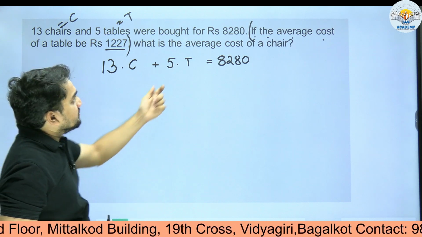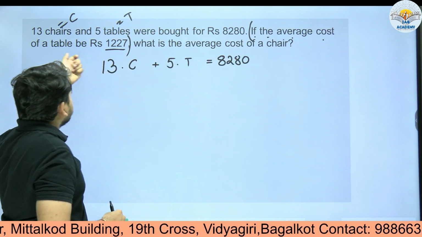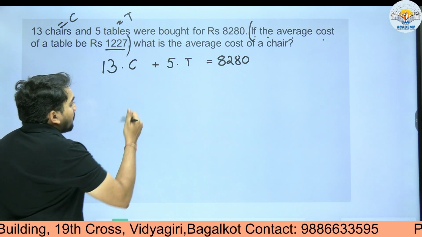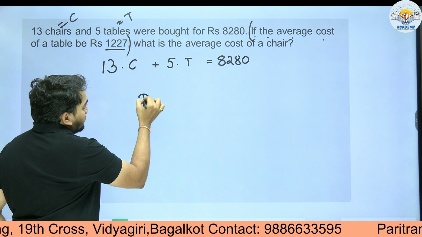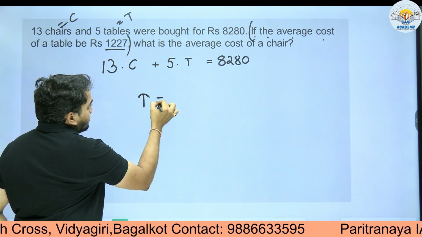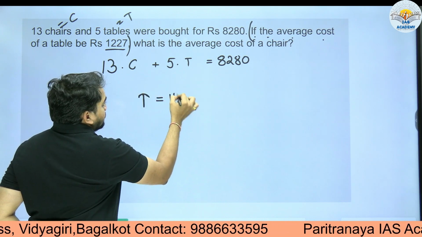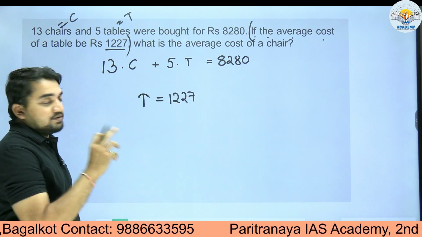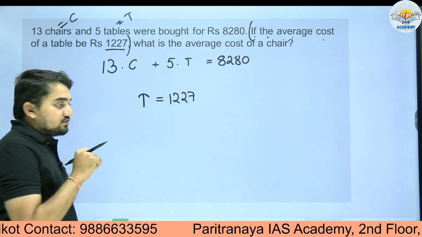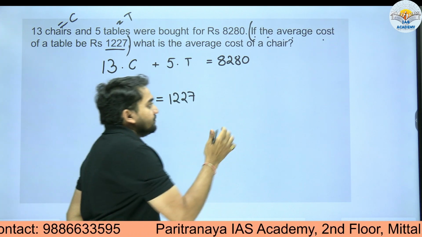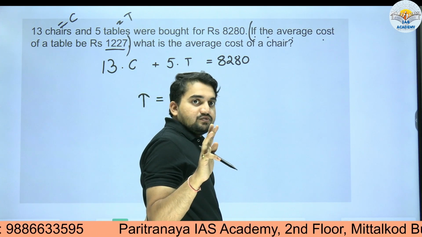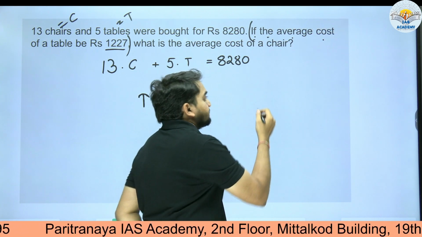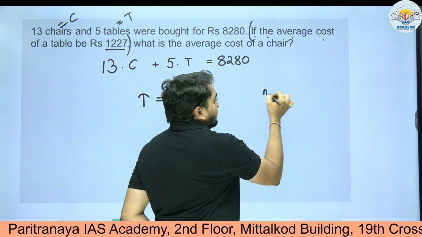If the average cost of a table is this much, that means the cost of a single table is 1227. How is that? How is this statement true? For example, say we have 3 people, A, B, who have rupees 10, 20 and 30.